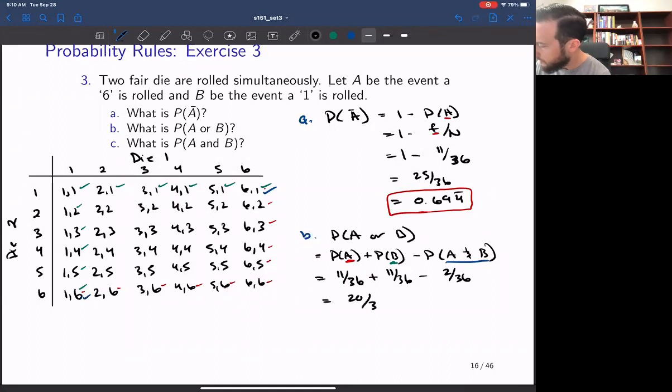So that's 20 over 36. Oh yeah, A or B. 1, 2, 3, 4, 5, 6, 7, 8, 9, 10, 11, 12. Yeah, 20 over 36, which is 0.55 repeating.